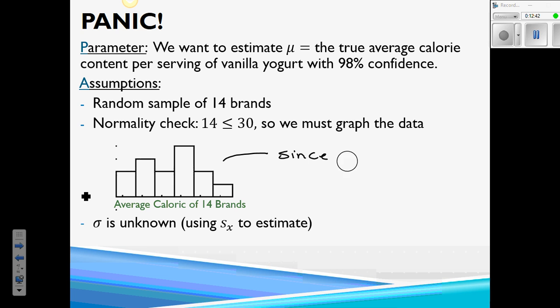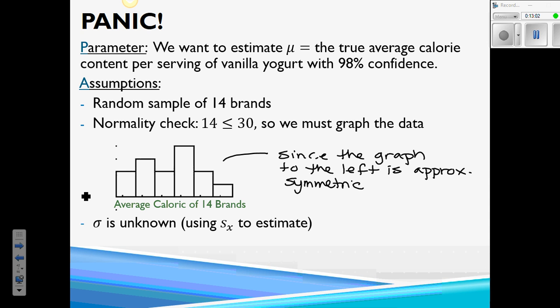Since the graph to the left and right is approximately symmetric with no outliers, we can assume normality.